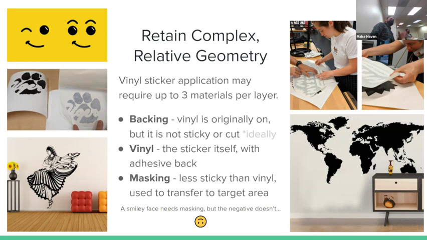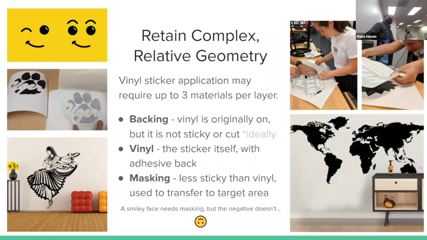But because I want these paw print pads to be picked up with the main paw print, I'm going to use some masking. And here's a former student using some masking on a big sticker so that you can have 2 colors placed on top of each other. Masking is really important so that you can pick up things and transfer them around without losing their relative geometry.